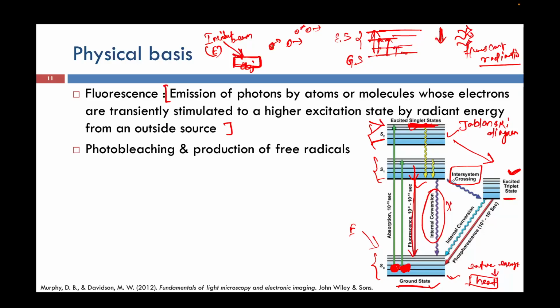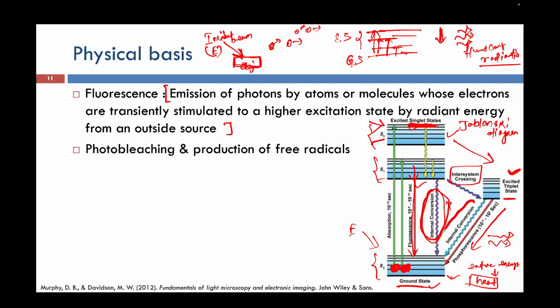So when they go there, from the excited triplet state they can come back again, giving some amount of energy, and that is also known as radiation. But here too there is a provision of heat, the electrons giving up energy in the form of heat.